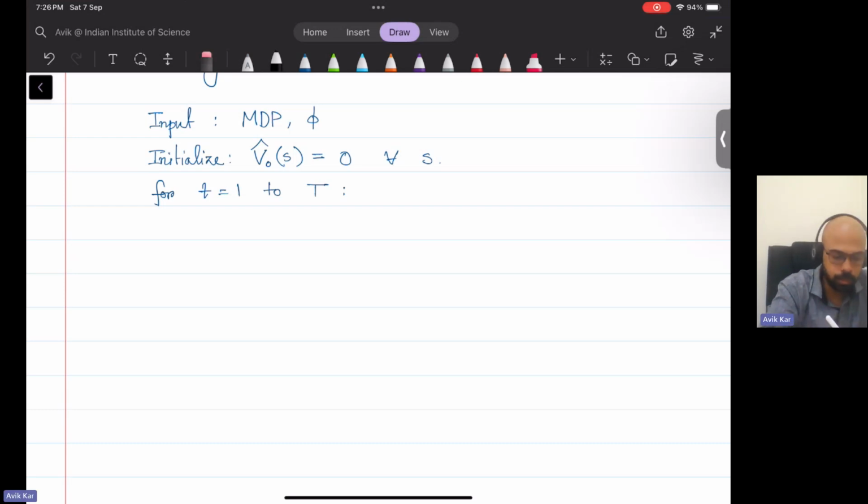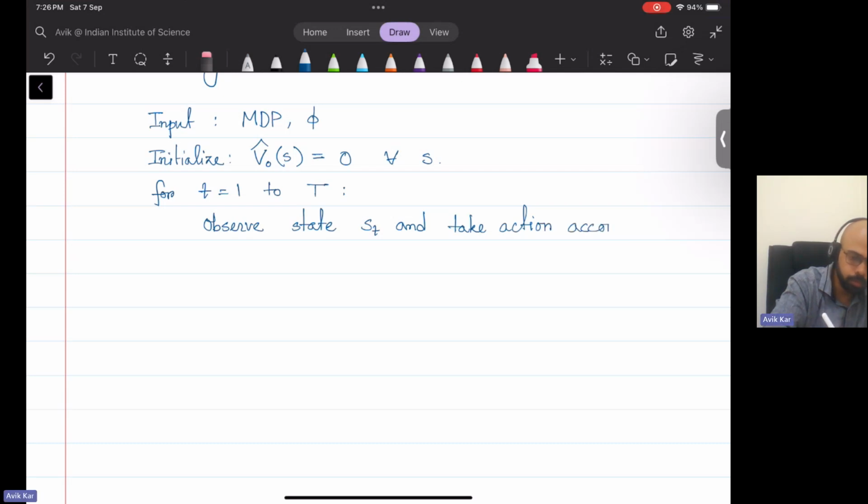So every time, two things are fixed, right? You observe state s_t and take action according to the policy. I'm not writing you take action pi(s) because this policy pi could be randomized.